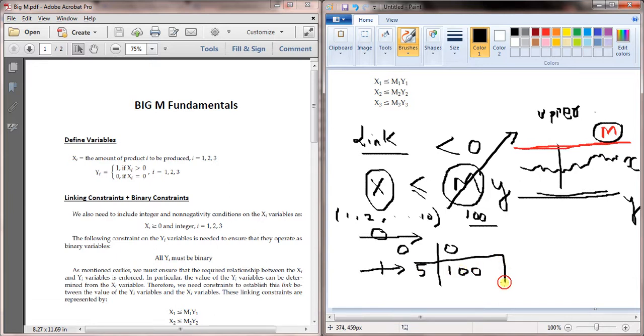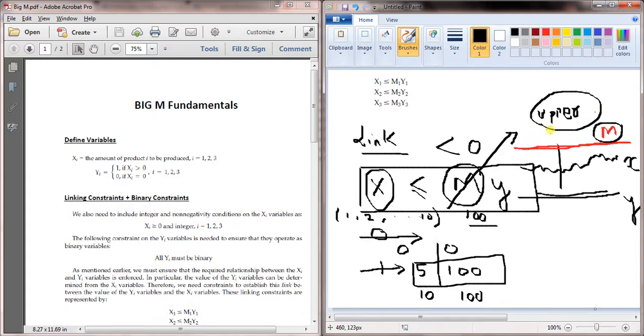So 5 is less than 100, and we are able to keep this equation valid. If you go for some other value, let's say 10, 10 is also less than 100. So we have to choose such a value for m which can represent the upper bound. This is the whole concept, and the equation that represents it is x less than or equal to my.